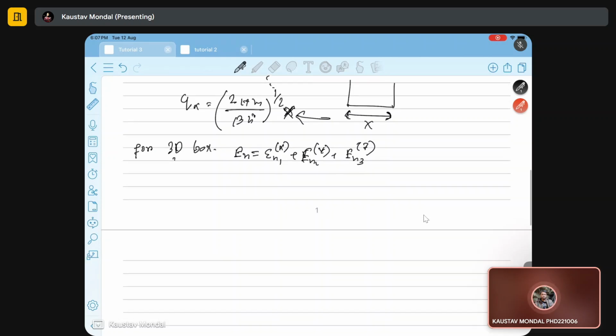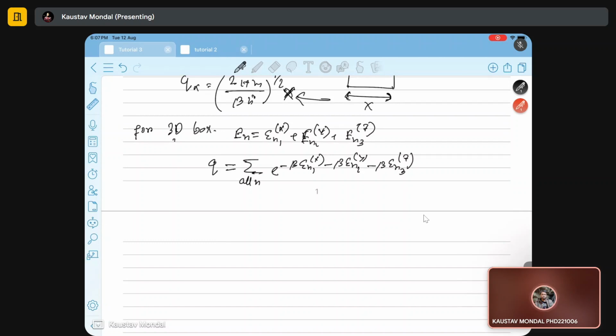Now from there we have shown the expression of the partition function, that is, for all n, e to the power minus beta epsilon in x, epsilon in y, epsilon in z.